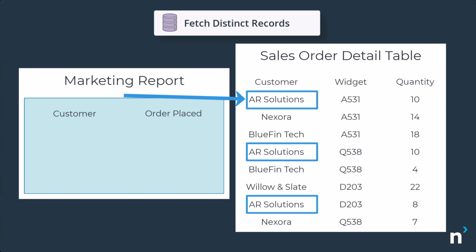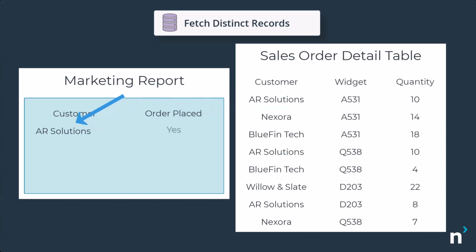A customer may place several orders within a quarter, but the marketing team only needs to know which customer placed at least one order. The Fetch Distinct action will search the sales order table and return only the first unique value from the customer column. The marketing team uses this information to refine their strategy.